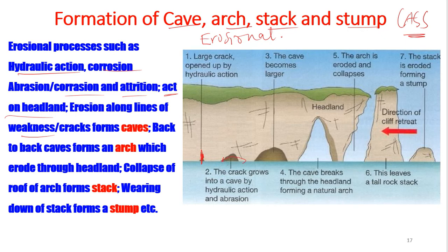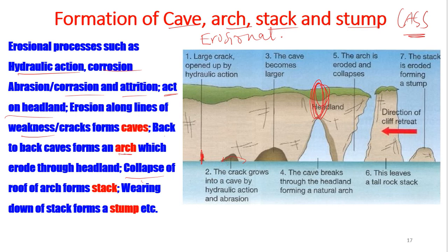Now the cave gets larger because of the same erosional process. So back to back caves, it gets larger and erodes back to now form an arc. So you can see through the headland because it has eroded on both sides to form an arc. Because there's an arc here, this part will not have support, so the roof of this arc will now collapse.